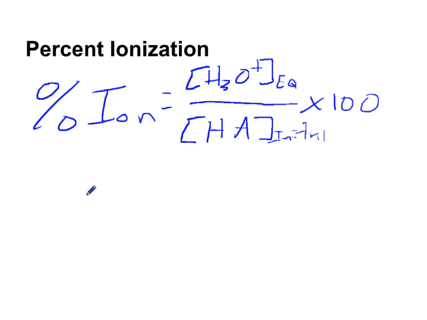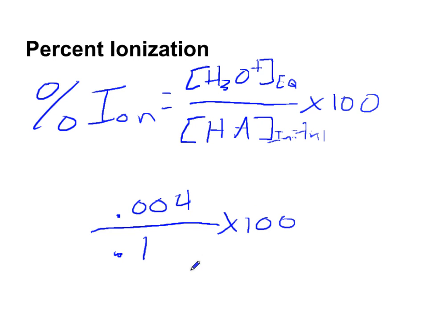So, for the formic acid in the last question, at equilibrium our hydronium concentration was 0.004. The initial concentration of the weak acid was 0.1. That times 100 is equal to 4% ionization.